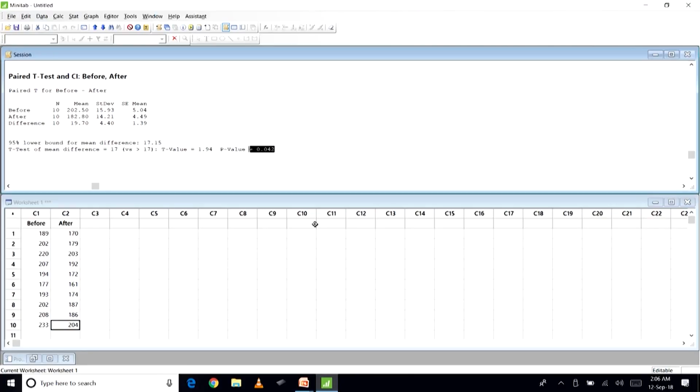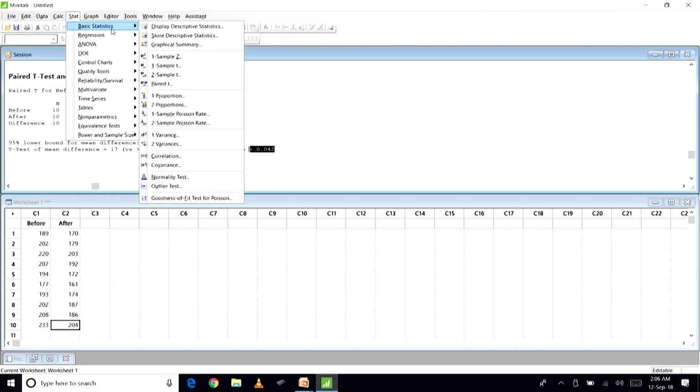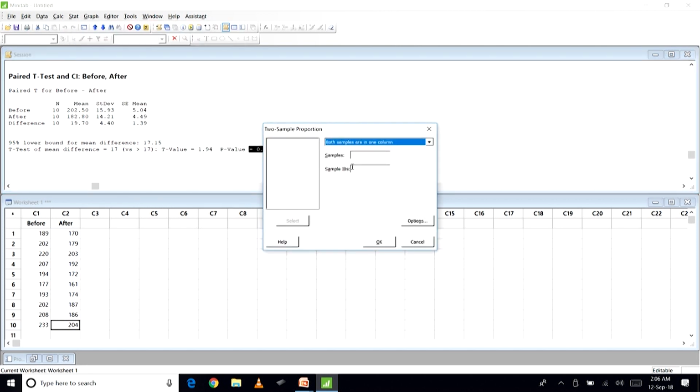So, let us work out this example using Minitab software. Let us go to Stat, Basic Statistics. It is 2 Proportions, right. Both samples in one column? No, we do not want to have that type of data entry system. So, let us look at summarized data. So, sample 1, sample 2, number of events and number of trials, right.